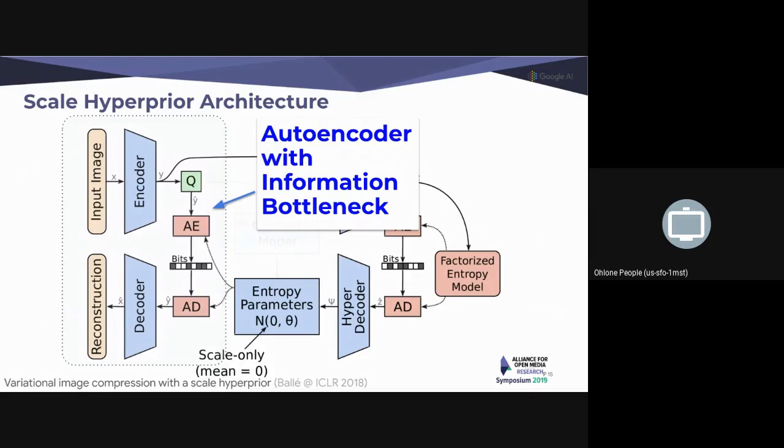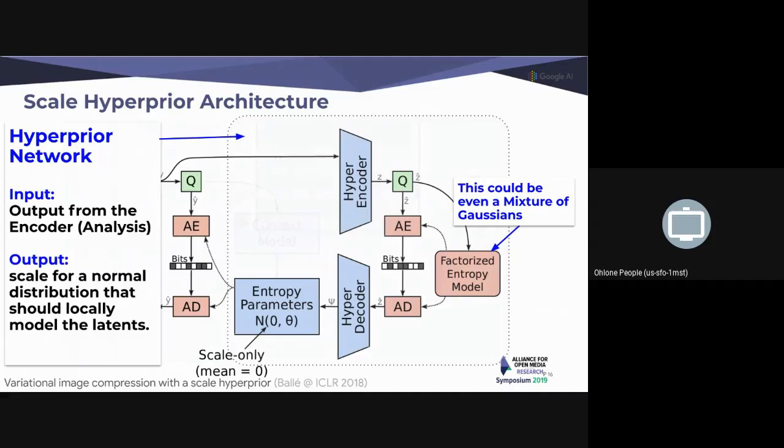The modification that appears is this stuff on the right, which in essence is nothing more than another encoder decoder setup. It's just that in this case, what we're trying to encode are the signals coming from the original encoder of the autoencoder, bypassing the quantizer. And what we decode are not pixel values, but rather standard deviations for a Gaussian model.